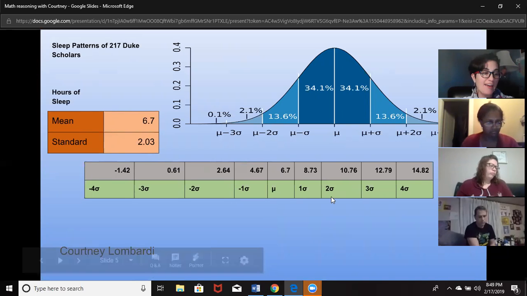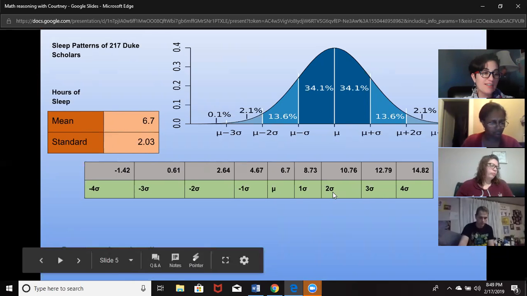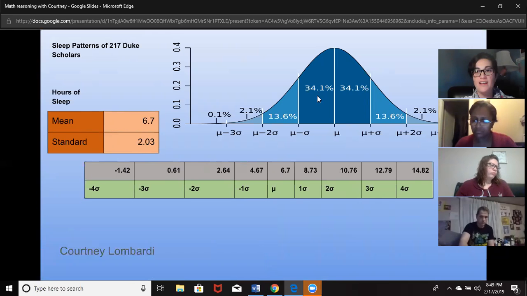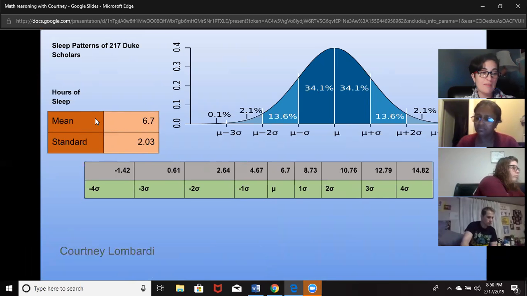So we use this data to represent the normal distribution of hours slept in 217 Duke scholars. And with this type of data, you want to represent the standard deviation. You get that by finding the mean. And in this, the mean is 6.7 hours.